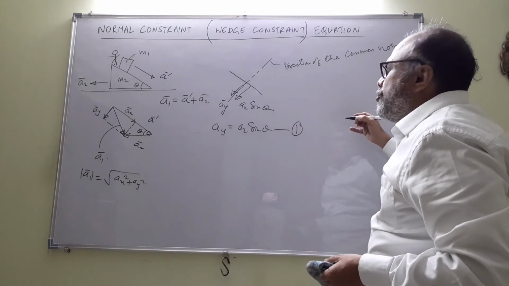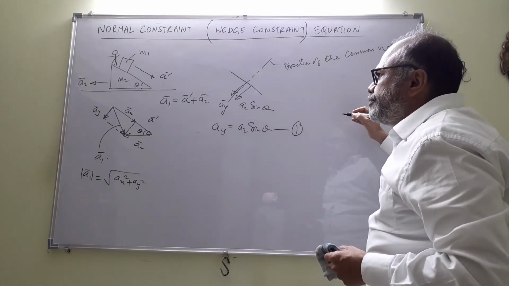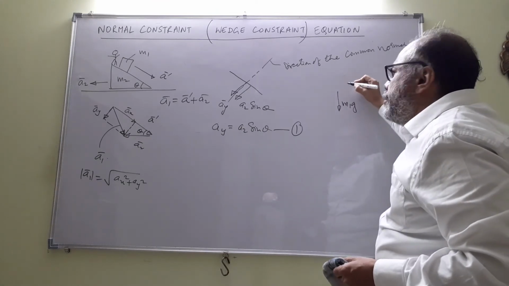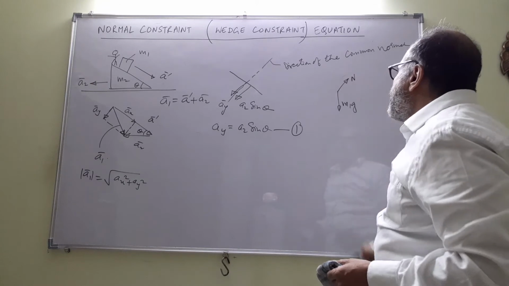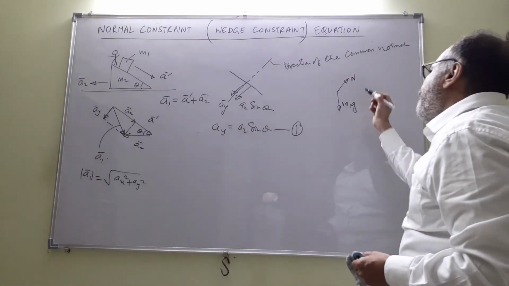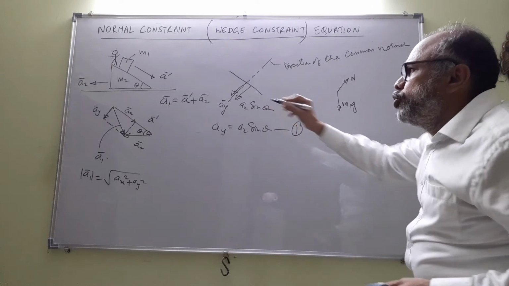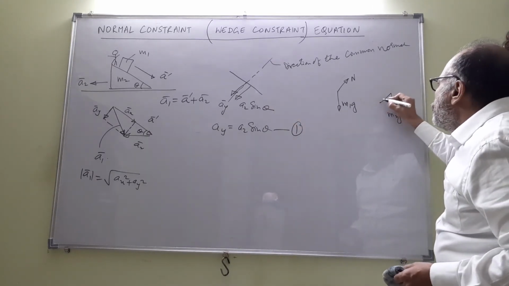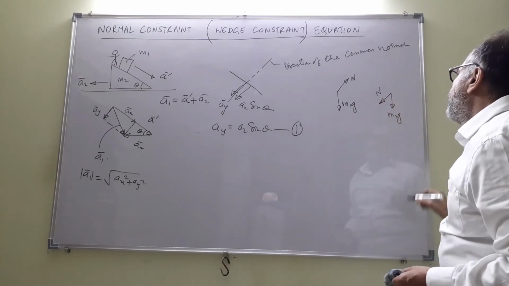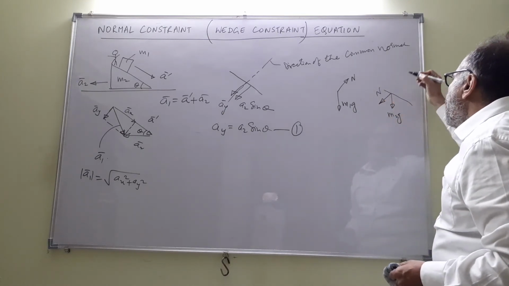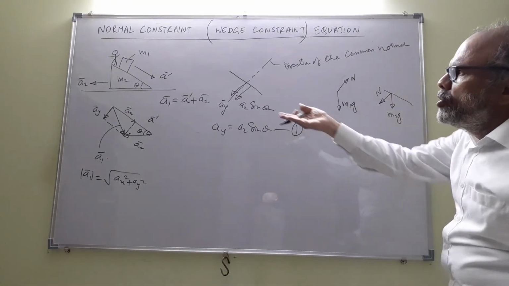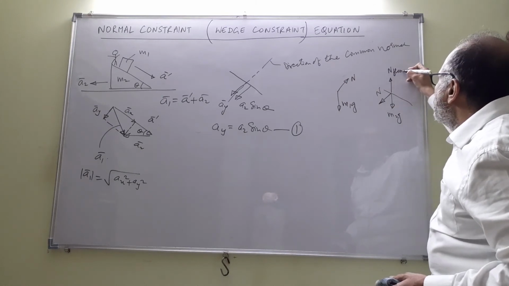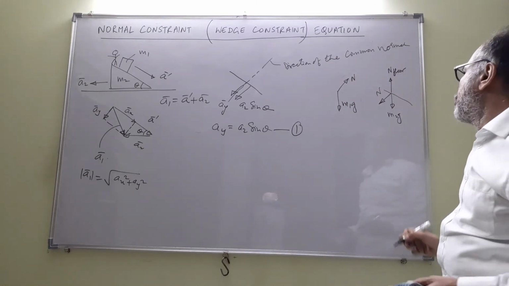Let us draw the free body diagram for M1. For M1 you will have M1g downward, and N upward. These are the two forces. For block 2, you would have M2g, and an N like that. This is the incline, and there is going to be the normal force from the floor on the incline.